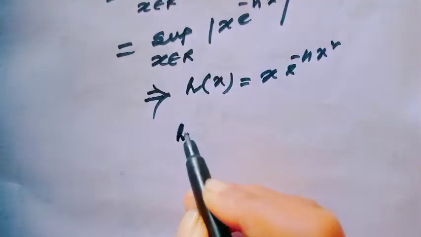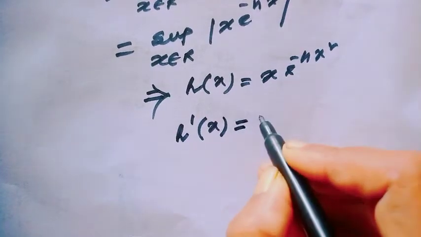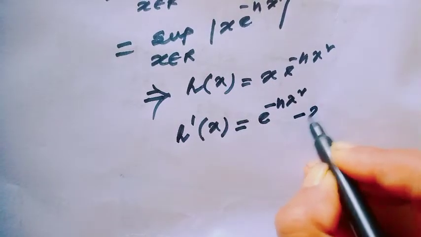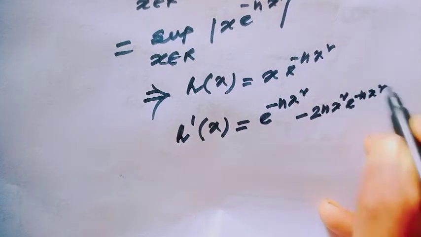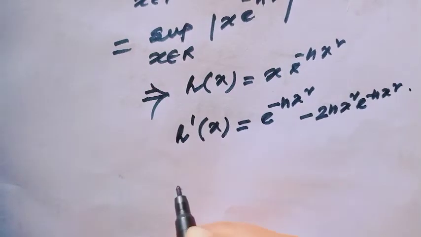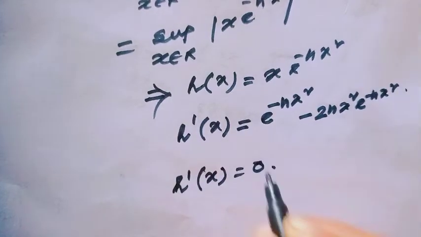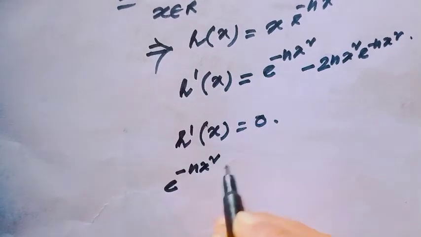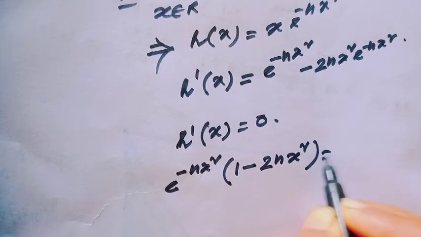Now we find A prime x, which is equal to e to the power minus n x square minus 2n x square e to the power minus n x square. And to find the maximum, we check A prime x equal to 0. That means e to the power minus n x square times (1 minus 2n x square) is equal to 0.